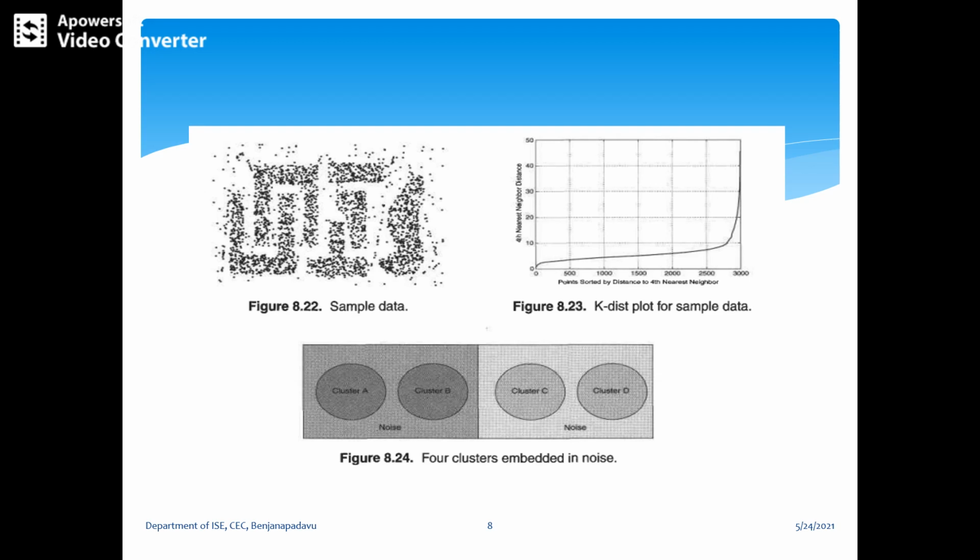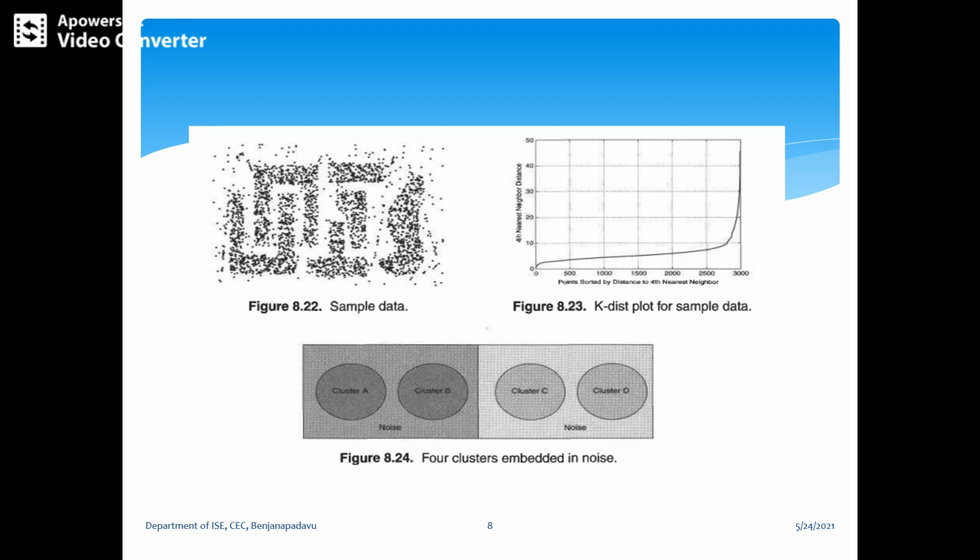Another point here to illustrate the use of DBSCAN is clustering points in relatively complicated 2D data, which we have shown here. This data consists of, assume, 3000 2D points.